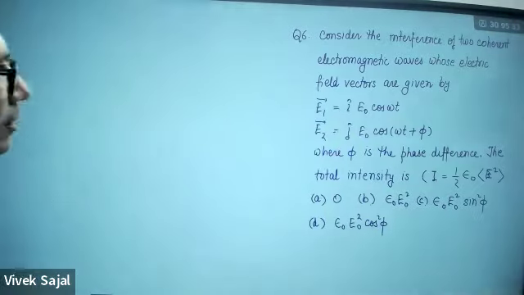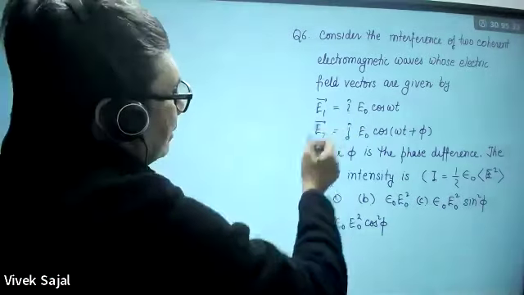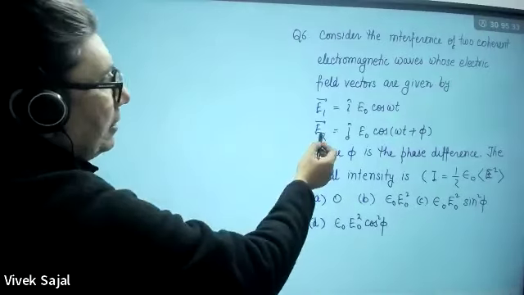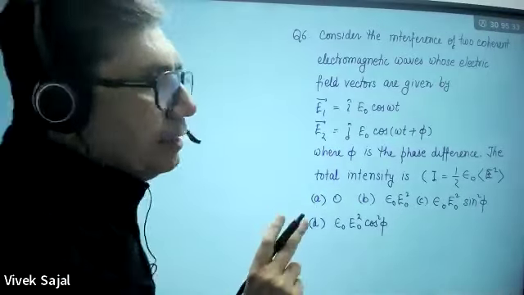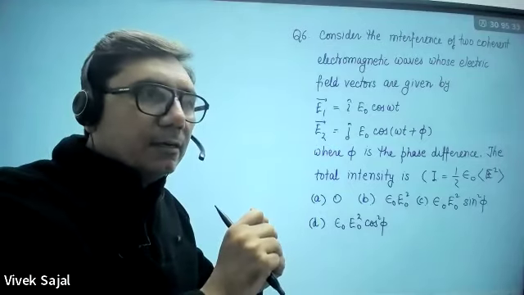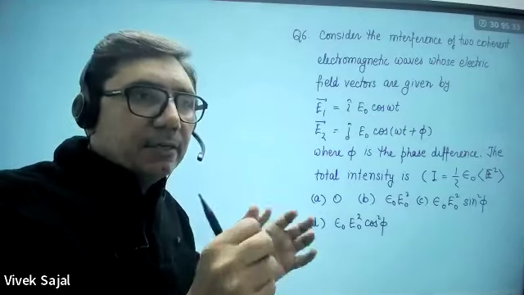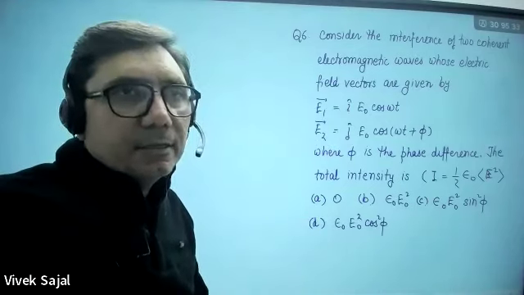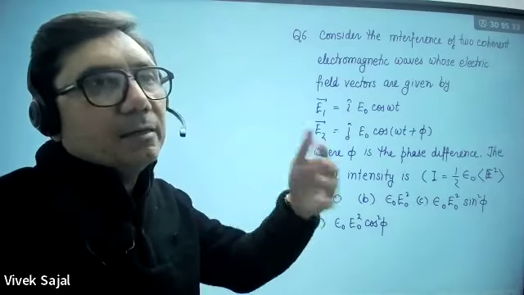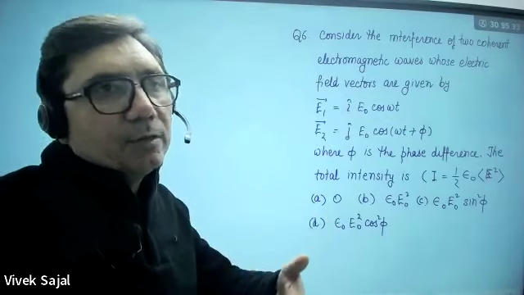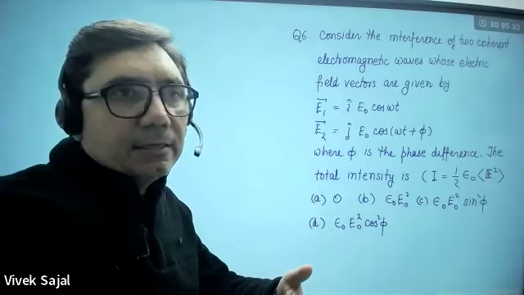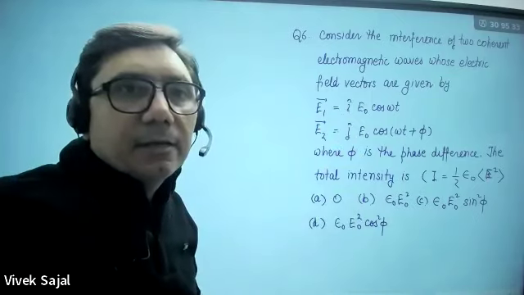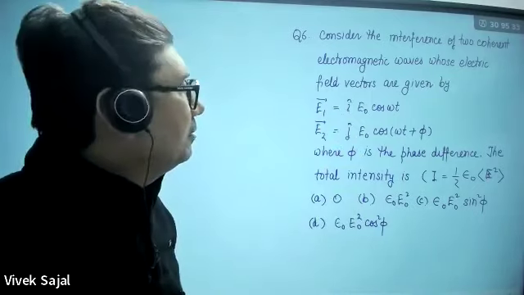If they have perpendicular polarizations, what will be the intensity due to this, and what will be the intensity due to this? They are going to have some resultant intensity, but you are not going to get maxima and minima here. Overlapping, superposition will take place. Some uniform average intensity will be there, but maxima and minima will not be there.